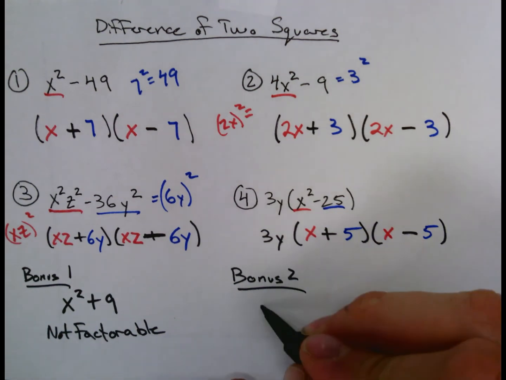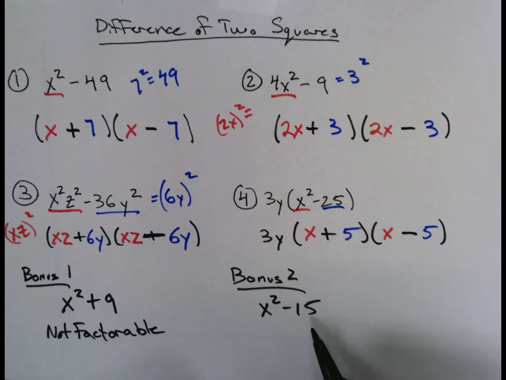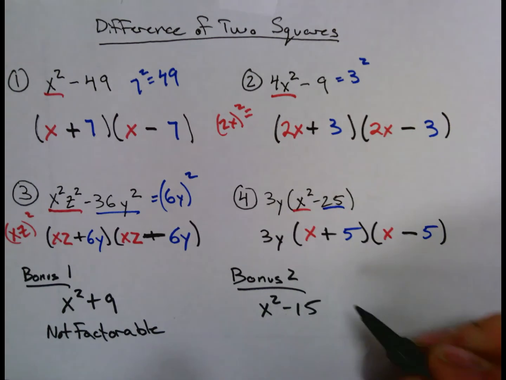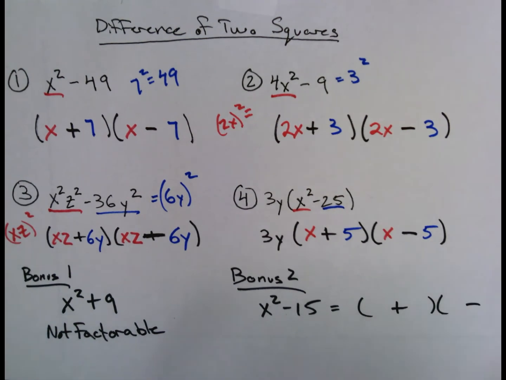Bonus question 2 is, what if you had x squared minus 15? So here I have a binomial, so two terms, and you're subtracting, so that's good, but now 15 is not a square number. So we don't tend to write this out as a factored version, but technically you could if you were just to write out what your square root is.